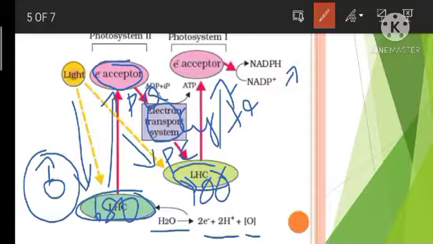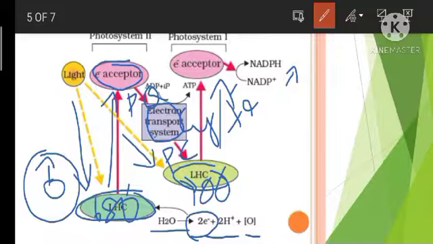Now, as a result of water splitting, electrons are continuously produced, isn't it? So these electrons will be used again for the electron transport system. So continuously the electrons can be supplied in this electron transport system.